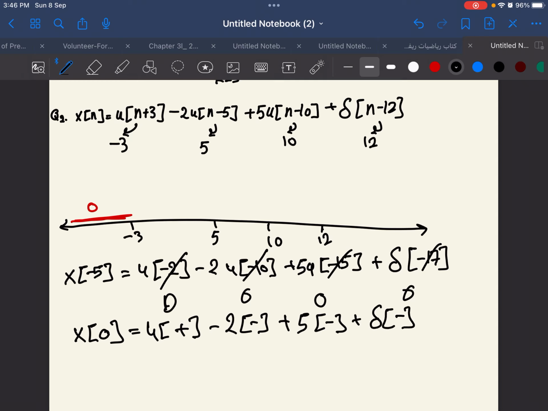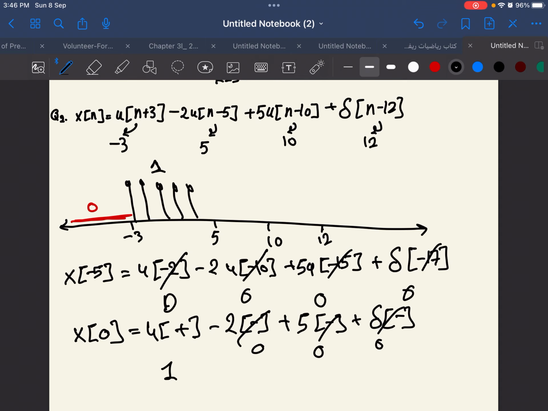So what we will have here is only 1. So this one will be 0, 0 and 0, so we're only having 1. So whatever is after the negative 3 will be 1, like this.